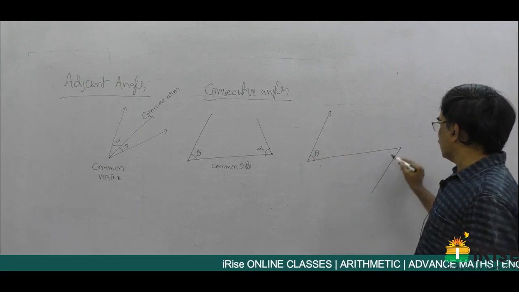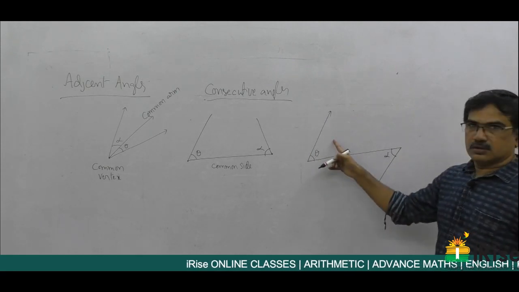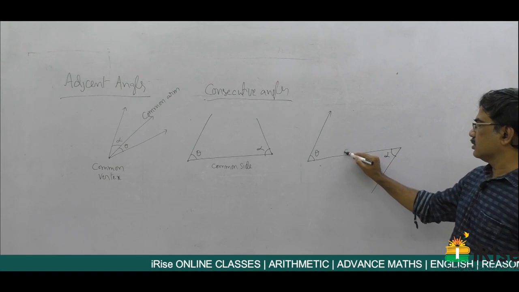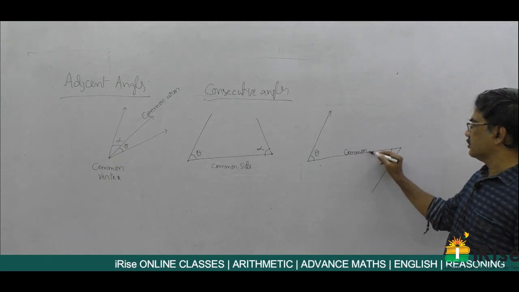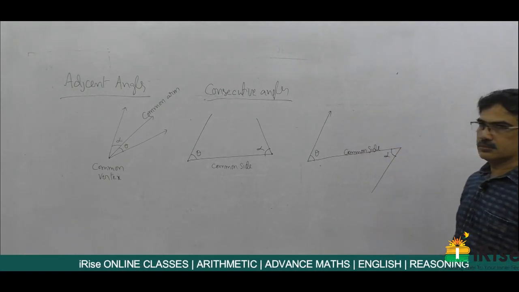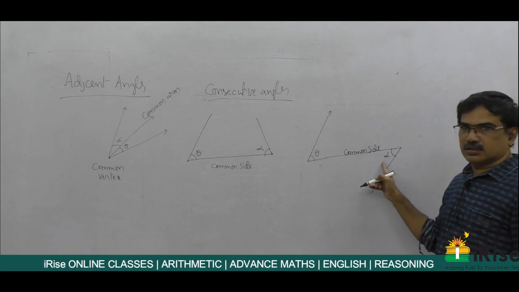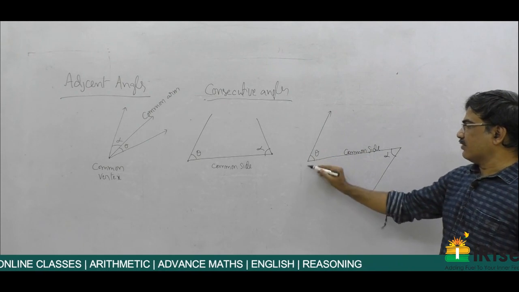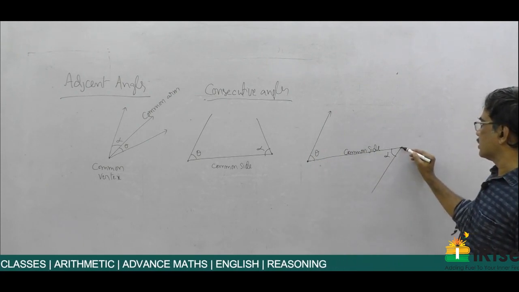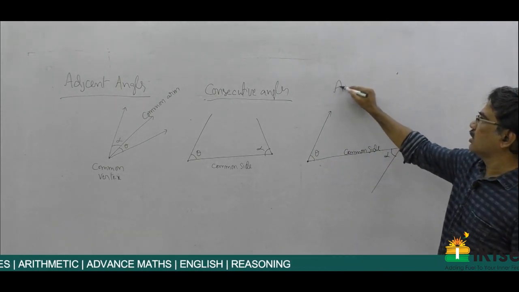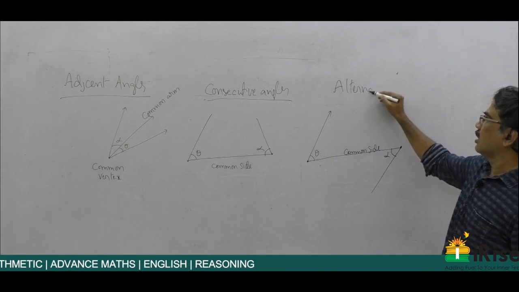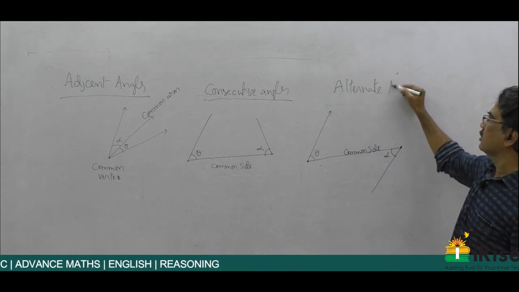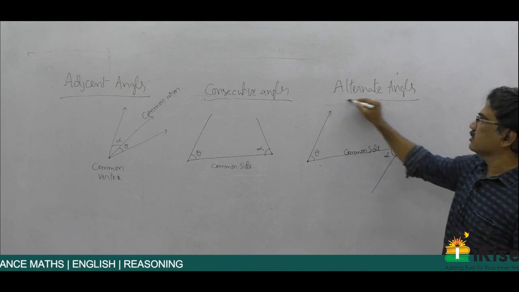This is one angle, this is the other angle, this is the common side. Two angles on either side of the common side having different vertices are called alternate angles.